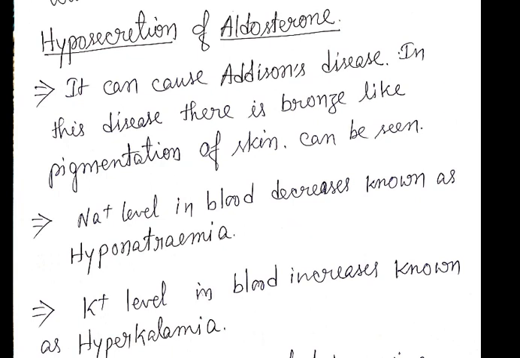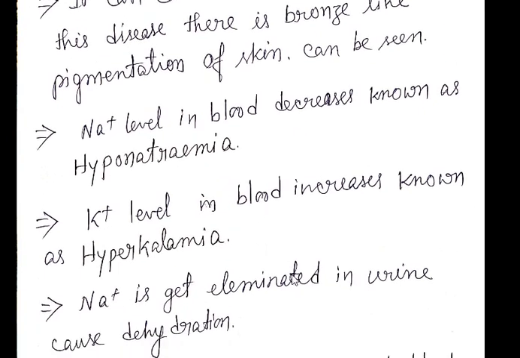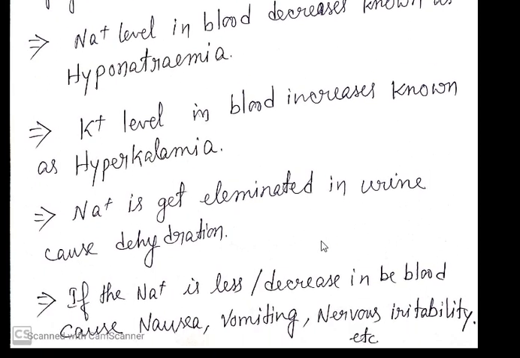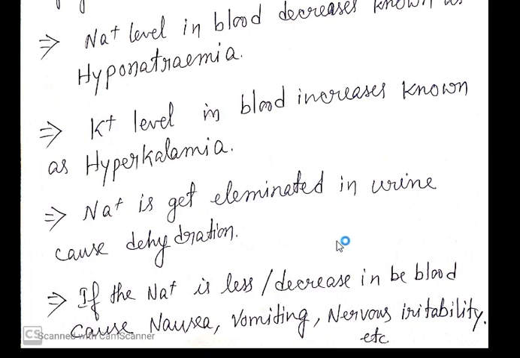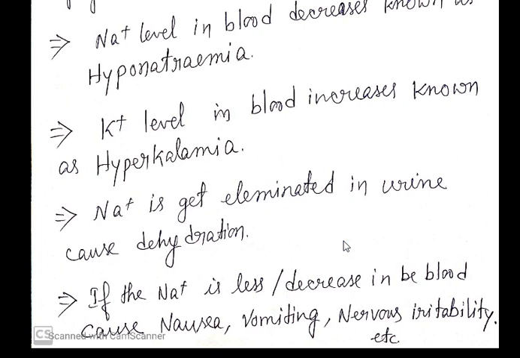I hope it is clear to you, because of the loss of the sodium, water reabsorption will also not be there, and as a result we will have a dehydration condition. Okay.